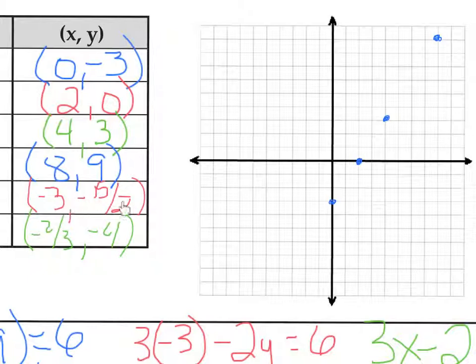Negative 3, negative 15/2. Okay, this is negative 7.5 when you change this to a mixed number. So negative 3, negative 7, 1, 2, 3, 4, 5, 6, 7.5, and that's going to be right down here. You can see it does line up with the others. So negative 3, negative 7.5. It's going to be like right there, in between the negative 7 and the negative 8.